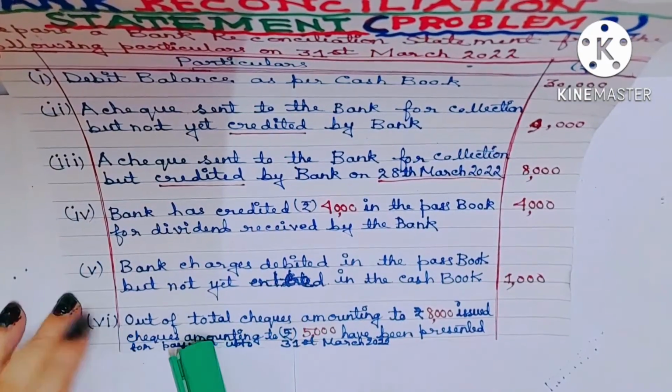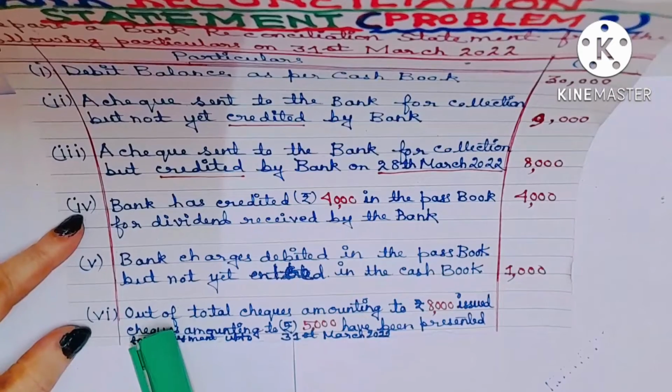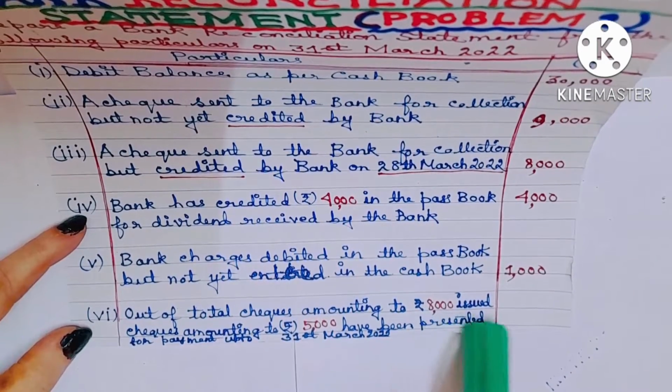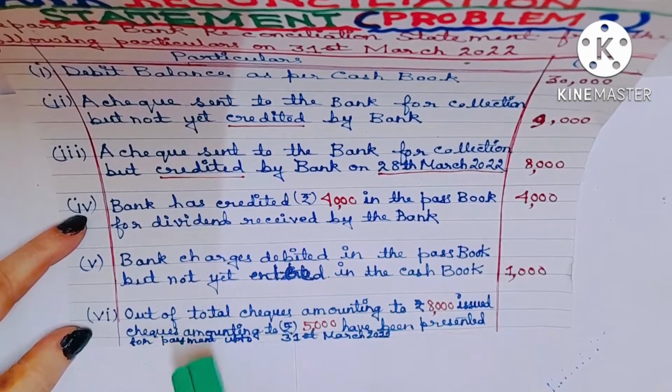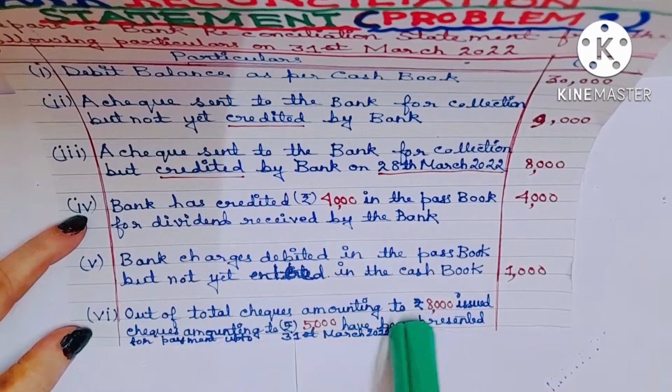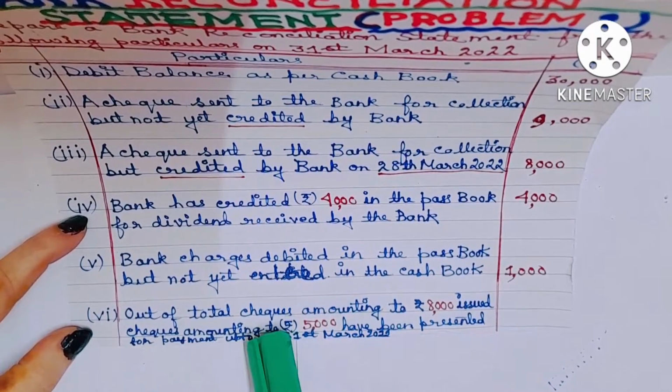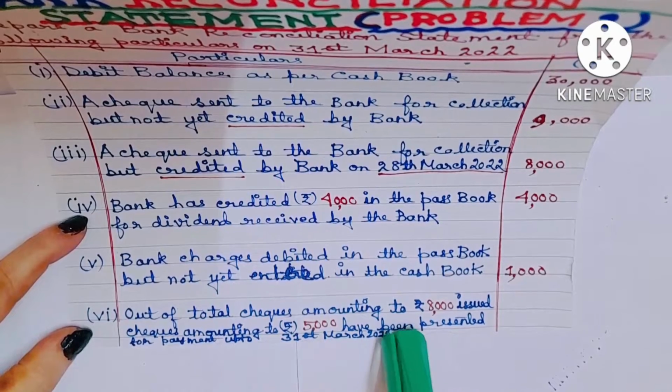Now let's see the last transaction. So what is the last transaction? Number 6. Out of total checks amounting to rupees 8000 issued, meaning paid to a creditor, checks amounting to rupees 5000 have been presented for payment up to 31st March 2022.